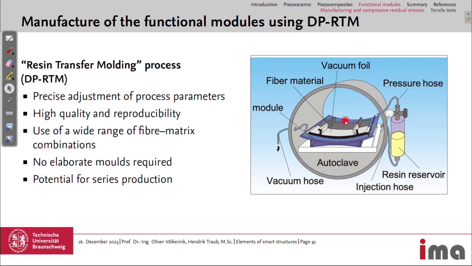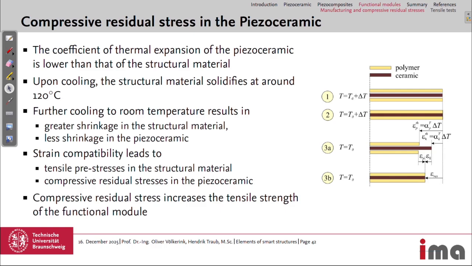Then you evacuate this part. It's sealed with a foil, and then you can inject the resin, and the autoclave can be heated, and you can also apply pressure and then cure the thermoset material, the plastic, and afterwards you take it out, and then you cut them to size and so on.